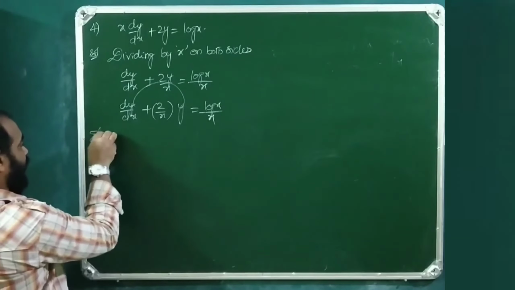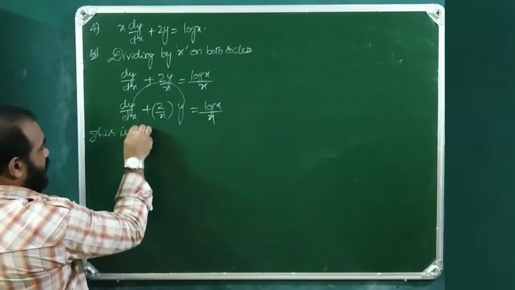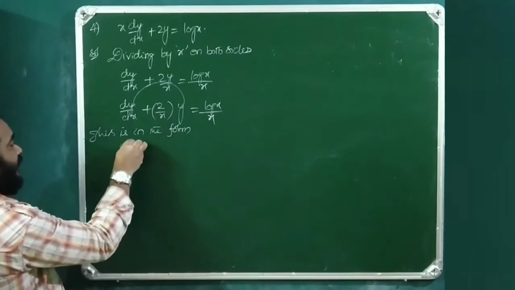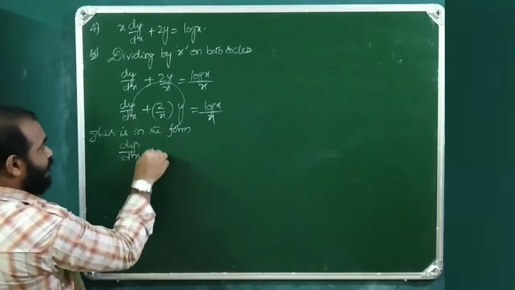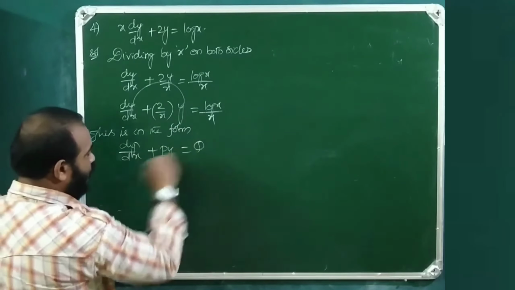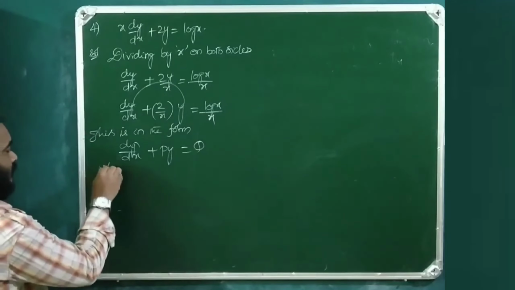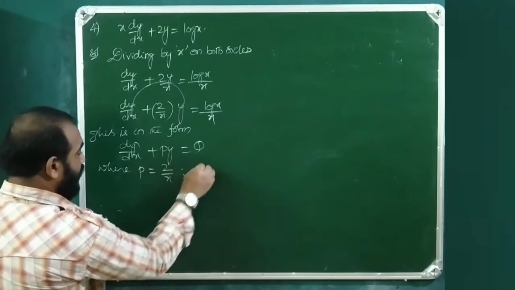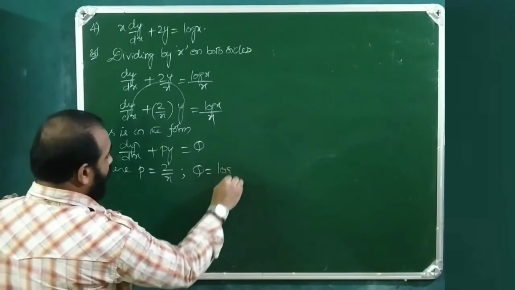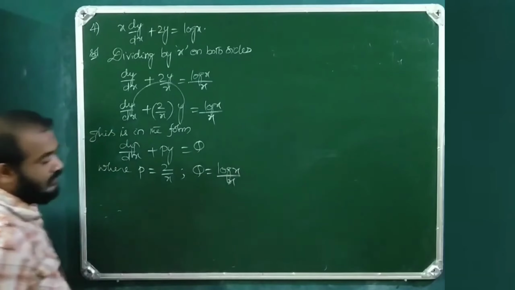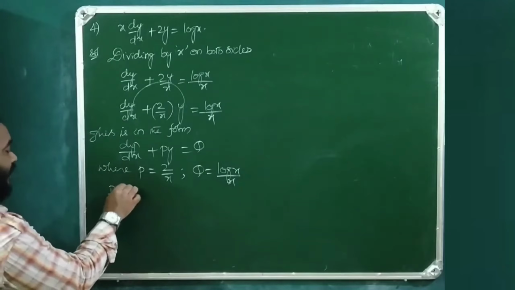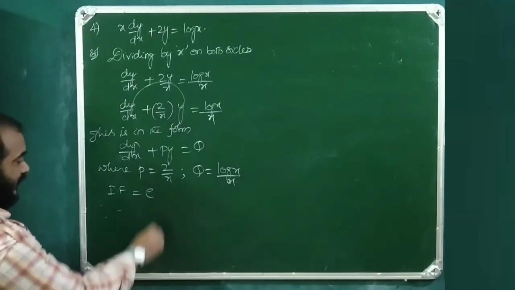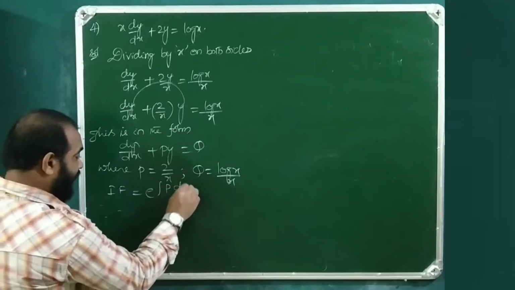This is of the form dy by dx plus py equals q, where p equals 2 by x and q equals log x by x. So the integrating factor for this linear differential equation is e power integral p dx.